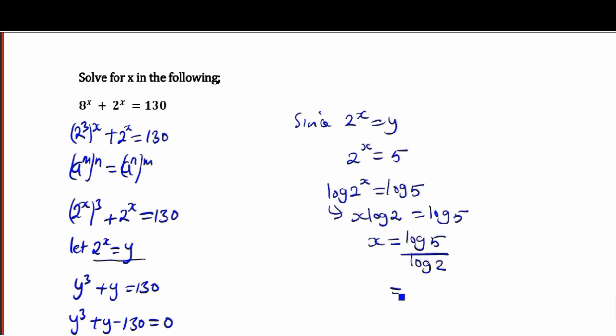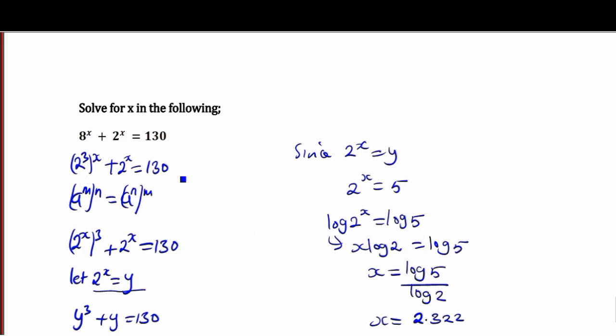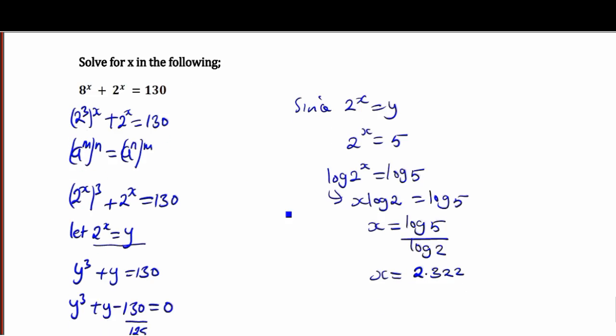And that one is the same as, if you take from your calculator directly, you find log 5 and then divide by log 2, you will find that x is equal to 2.322. So that is our value of x. Now from here, you can use your calculator to prove that.